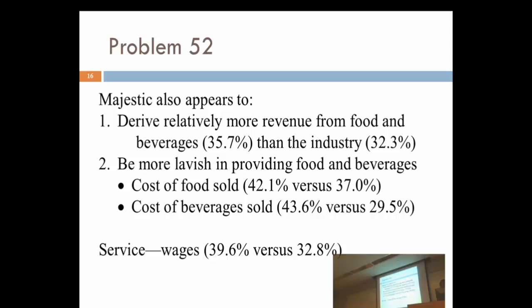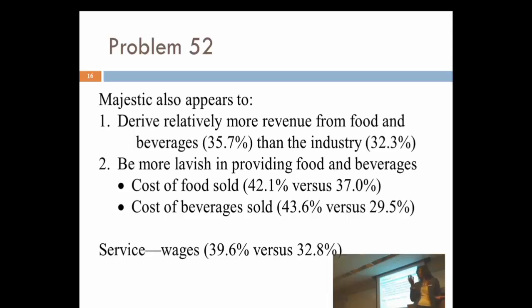So you see that the cost of food is much higher and the cost of beverages sold is much higher. Wages are also much higher than the industry. So what you probably want to look at is, again, do they have a change in strategy perhaps? Maybe they're trying to move up from the Holiday Inn Express level to maybe more the Marriott Residence Inn.